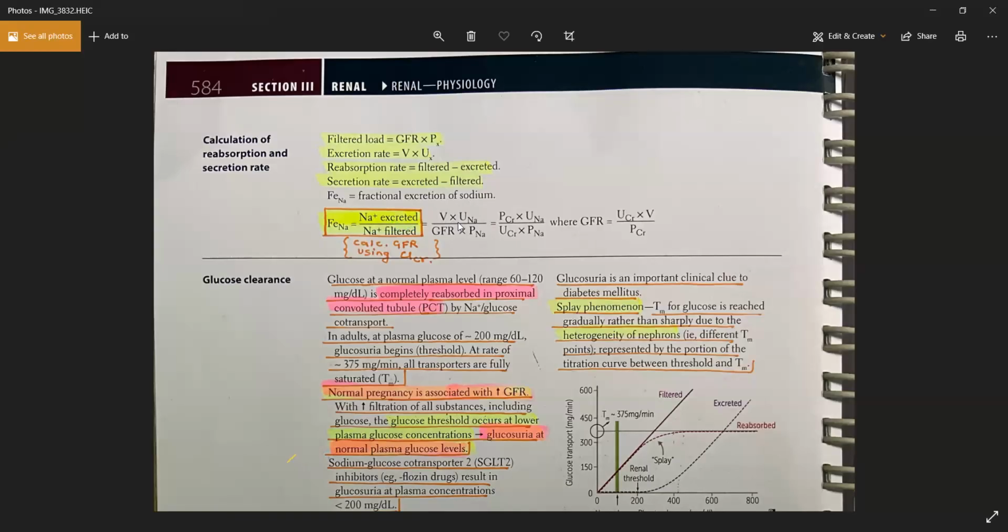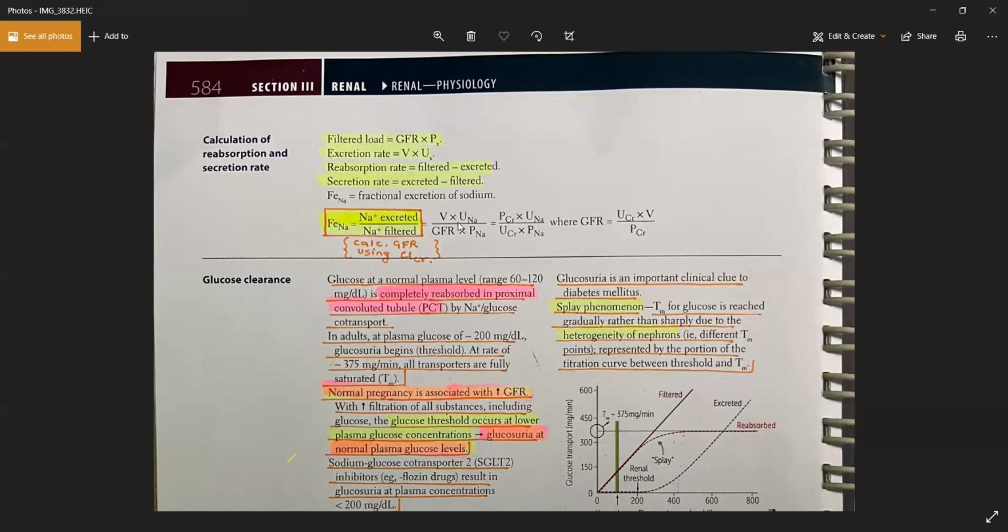How did GFR be equal to filtered sodium? GFR equals filtered sodium. Because when we consider sodium which is excreted, that equals UV by P, so U and V are in the numerator, P is in the denominator.